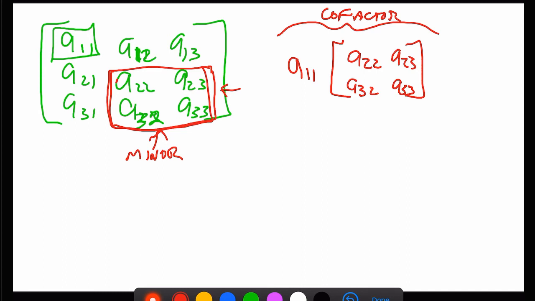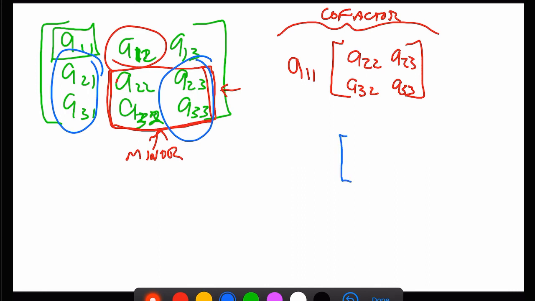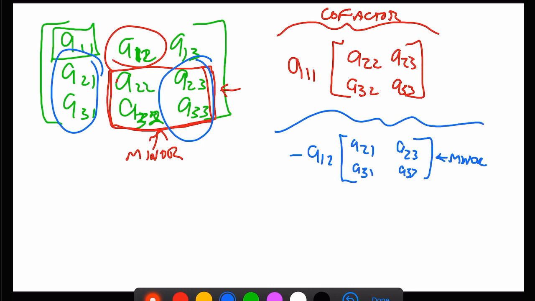Okay. So if I take A12, those two things and those two things become the minor. So A21, A31, A23, and A33, that's a minor. All right? And I'm going to multiply that times minus A12. That's a cofactor, the whole thing.